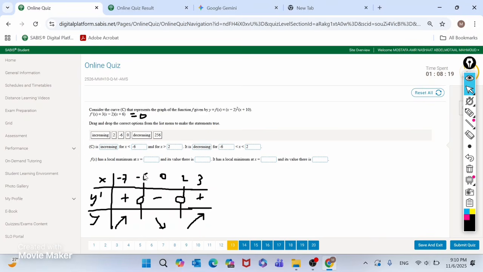Okay, so the local maximum is at x equals negative 6 because it's increasing, then it goes down, so that's the maximum. And to find its value, guys, you need to put negative 6 into the original function, (x minus 2) squared (x plus 10).